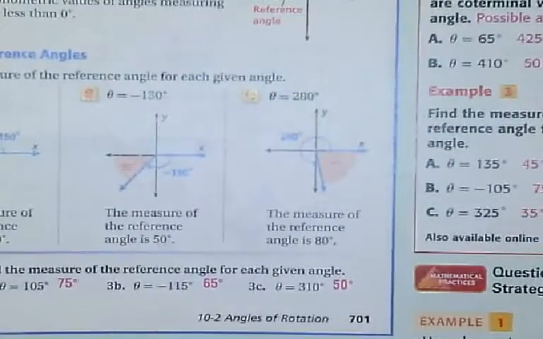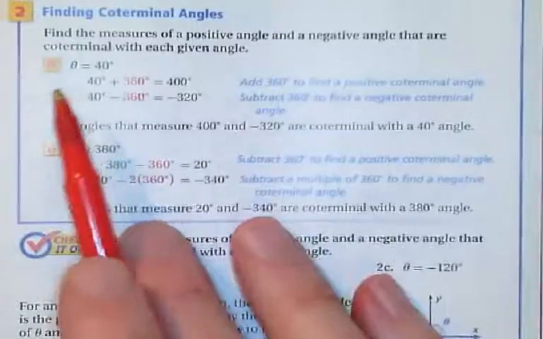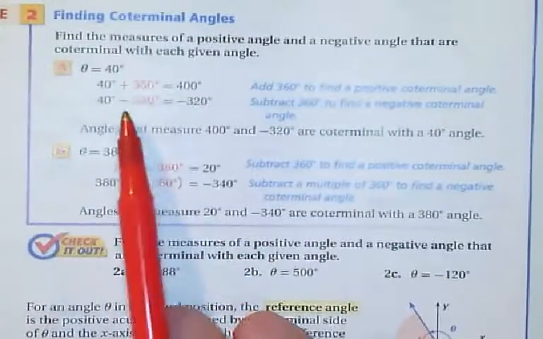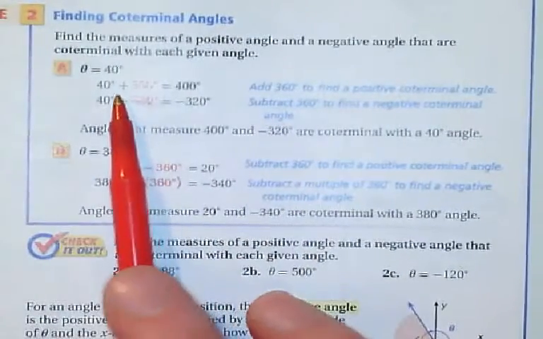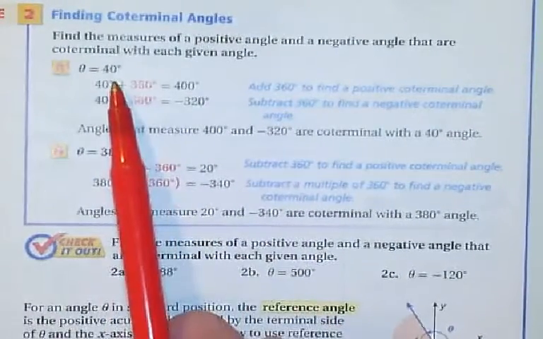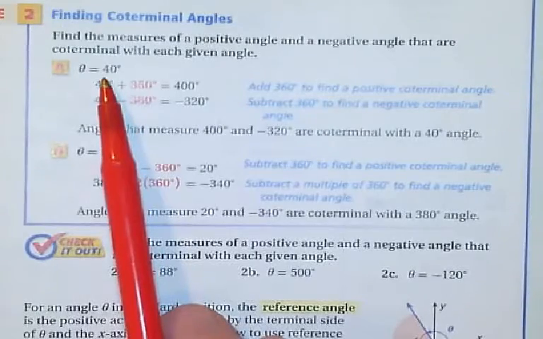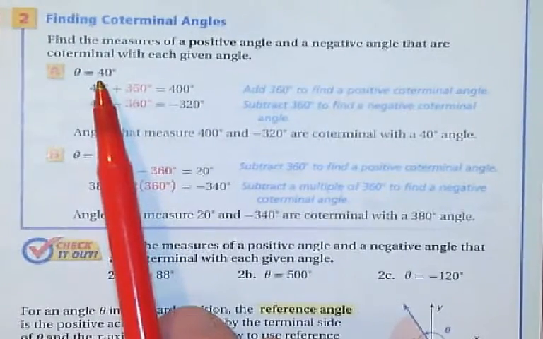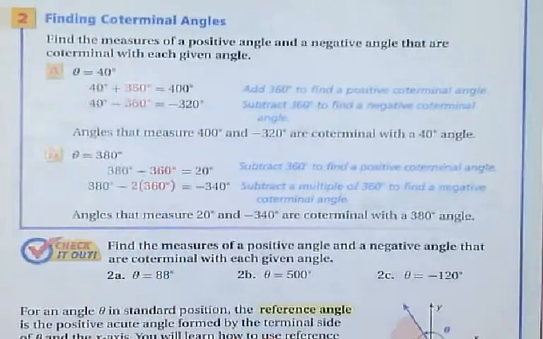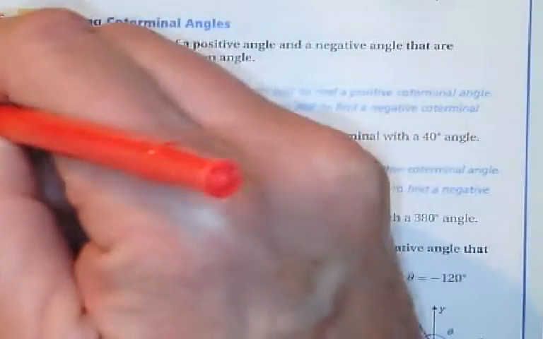Look at this one. We need to be able to find reference angles. Oh, let's do this one. I'm sorry. First, this one. Find coterminal angles. So if I want to know where is 40, now you know 40 is right here.